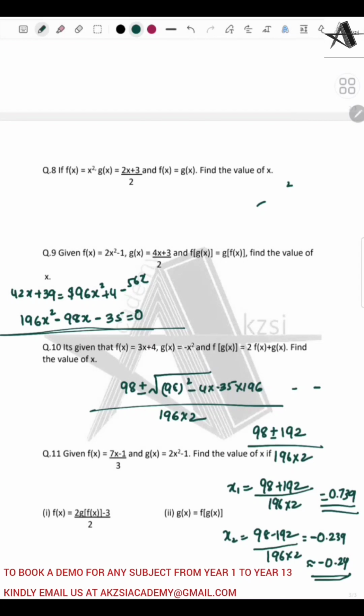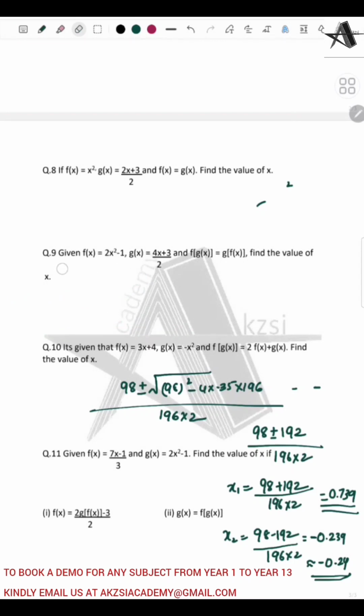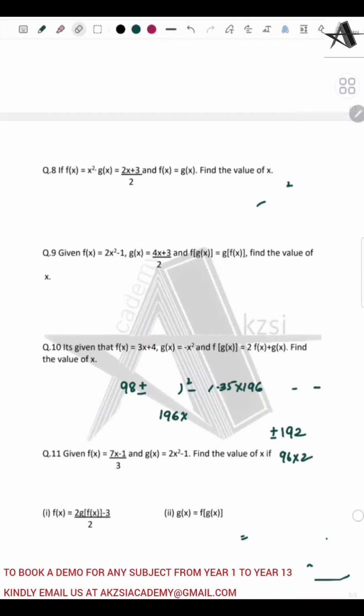Now coming to the very last question, which says that if g(x) is equal to f(g(x)). So let me calculate f of g(x). We know f(x) is the primary function, so I'll write my primary function as (7x minus 1) over 3. This will be my f(x).